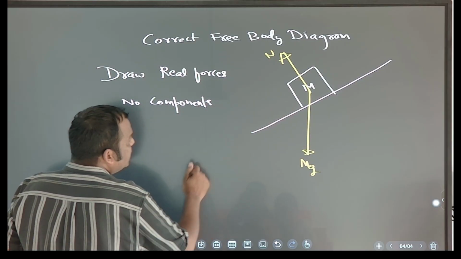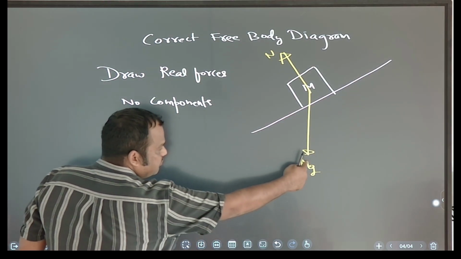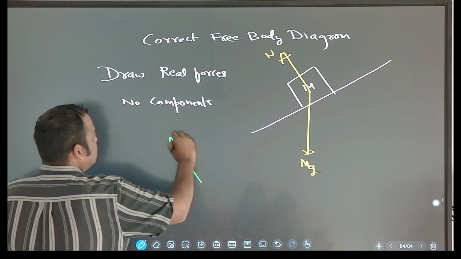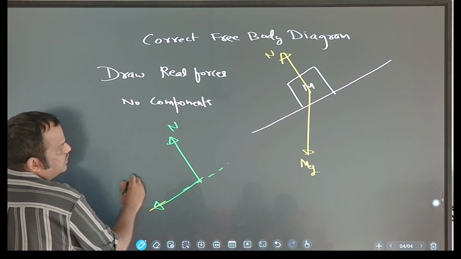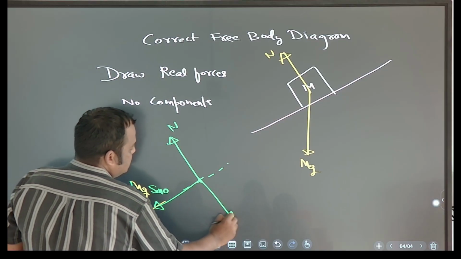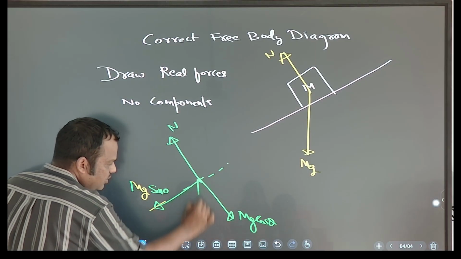If you take components, when you are taking components of mg, then don't draw mg again. See, if you are considering components, you can draw like this. What is this component? mg sin theta, this is mg cos theta. Again, don't draw mg.